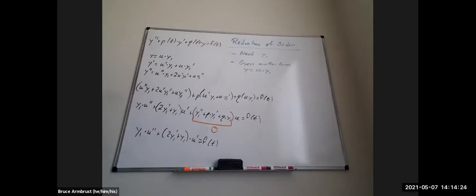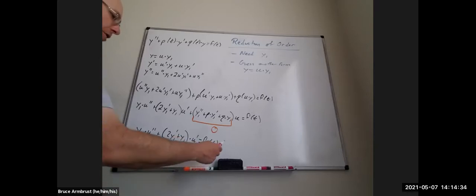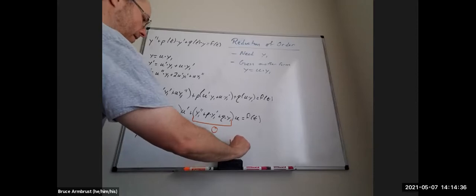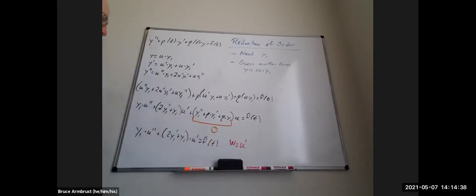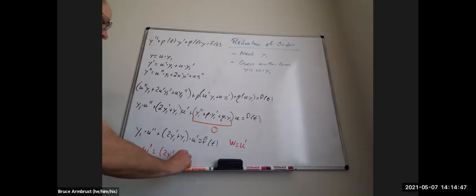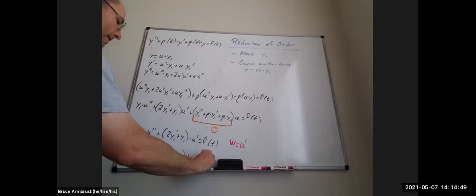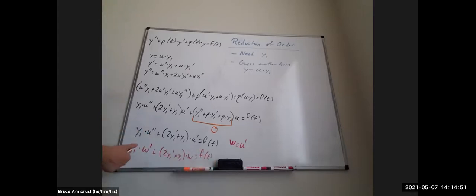And hopefully you notice that this actually now can be written as a first order differential equation. If I were to change my letter, let's call it, say, W, so let W equal U prime, then this thing is now linear first order.